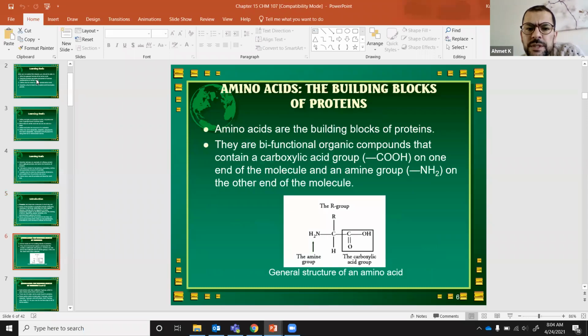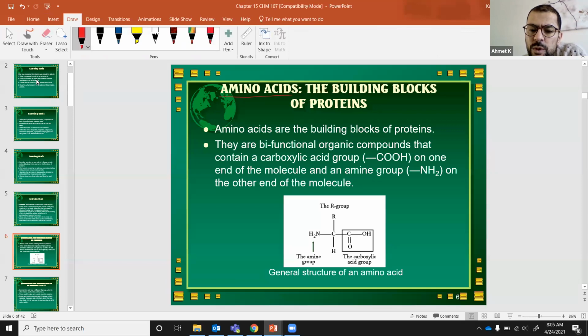So again, in order to understand the proteins, we need to understand the monomers, and in this case, the monomers are amino acids. Okay, so what are the amino acids? Amino acids are interesting in that sense. They have a typical structure, and this is our typical amino acid, the general structure. We have two functional groups.